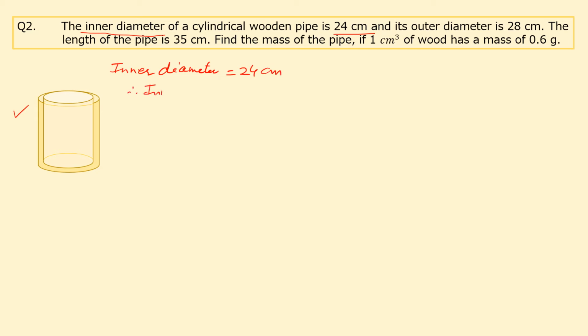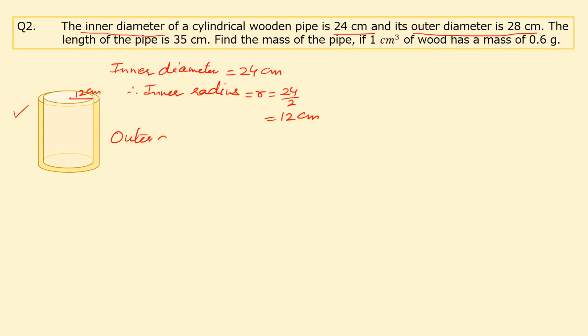Therefore, inner radius we denote by small r, right? So inner radius will be half of this, so this is equal to 12 centimeter. So from here to here, it is 12 centimeter. And its outer diameter is 28 centimeter.